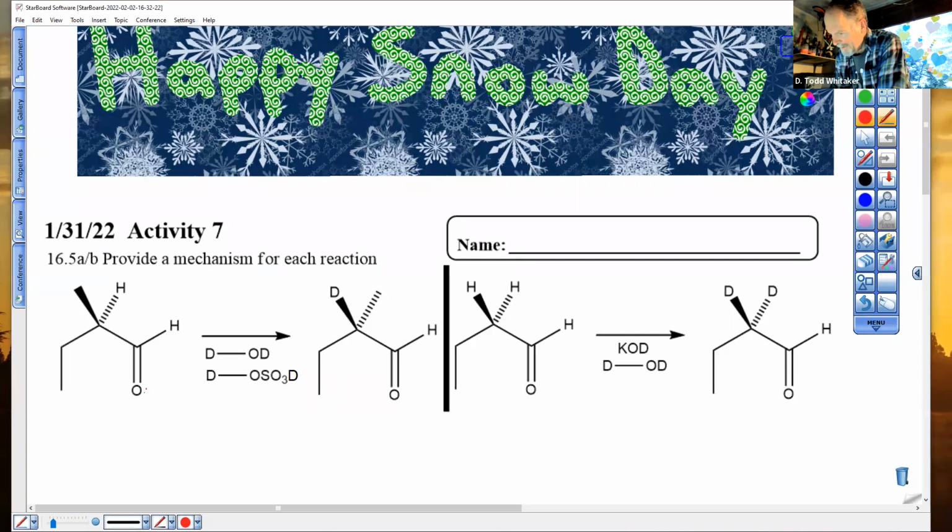Lone pair protonates with the strong acid. This is deuterosulfuric acid, if you want to know its name. In the second step, the tautomerization with sulfate ion.